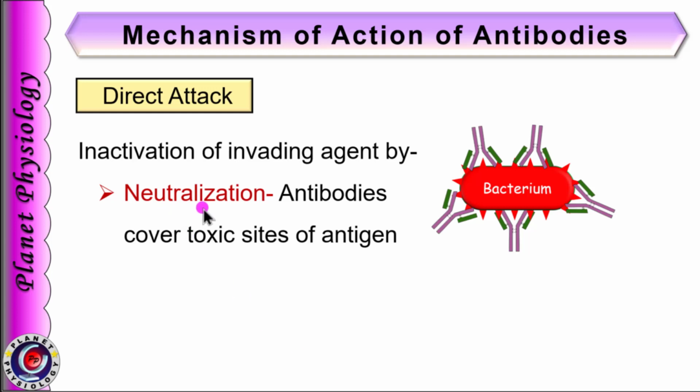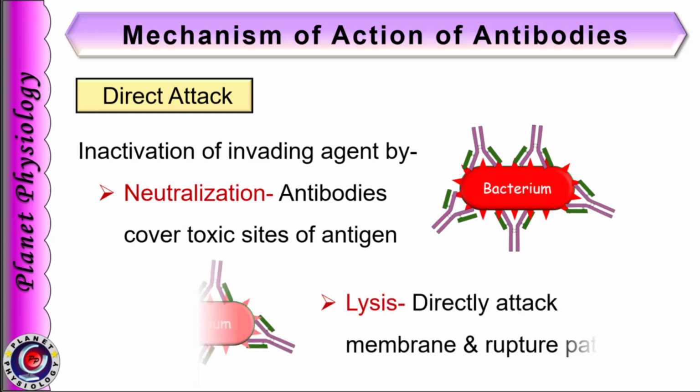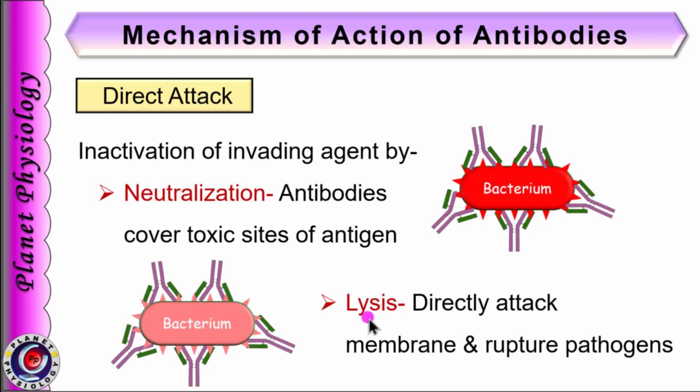This process is neutralization. And the last way is lysis, where antibodies directly attack and destroy the pathogens. Thus, antibodies inactivate pathogens directly by agglutination, precipitation, neutralization, or cell lysis.